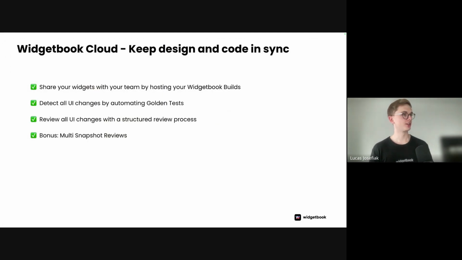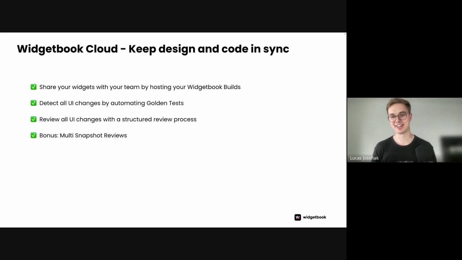we now managed to go through the open source Widgetbook and Widgetbook Cloud. So now you know how you can keep your design and code in sync by, first of all, sharing your widgets with your team by hosting Widgetbook builds. How you can then also detect all of the different UI changes by automating your golden tests, and how you can then also review all of your UI changes with a structured review process.